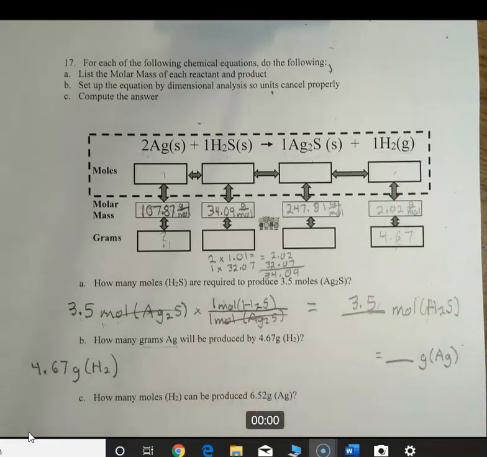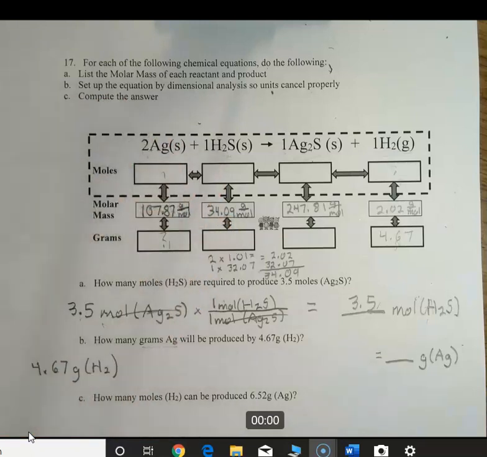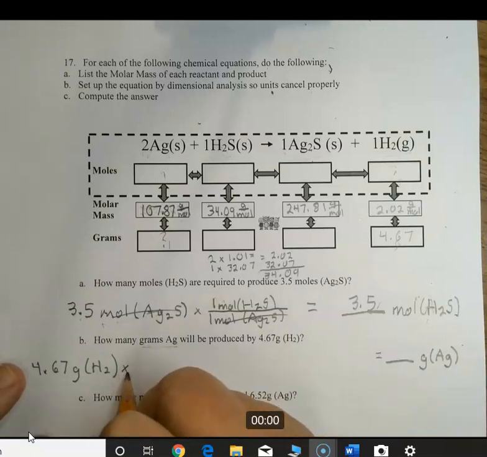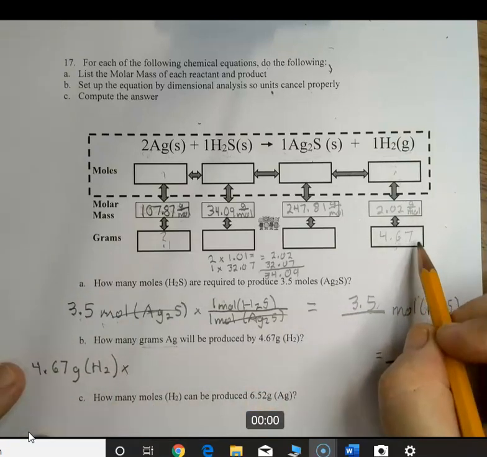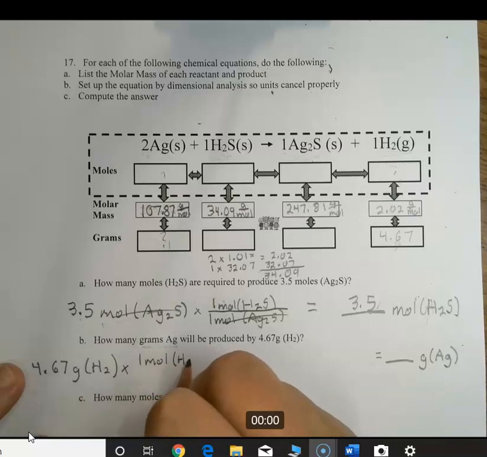Again, you want to get to where you're doing these in the spring without this scaffolding, these are kind of the training wheels. You want to get to where these problems are a little more intuitive for you and you can see how they work. But for right now, go ahead and use this if this is helpful. Okay, so it's times, we got to go from grams to moles of H2. So it's 1 mole of H2.